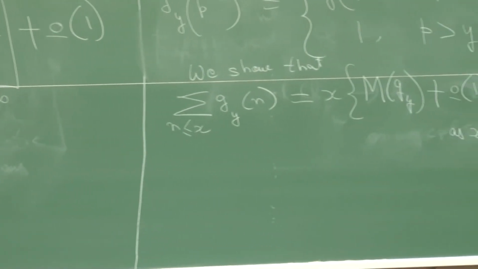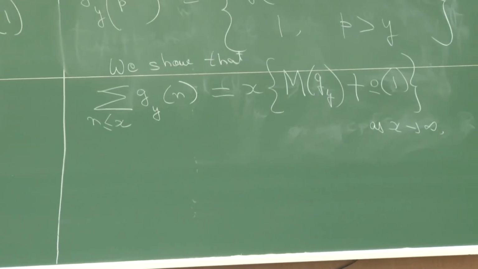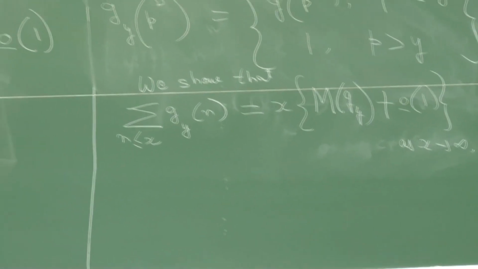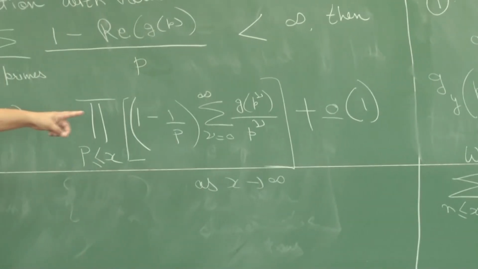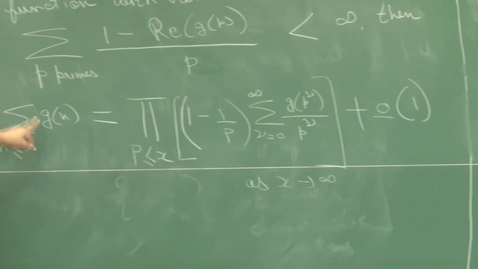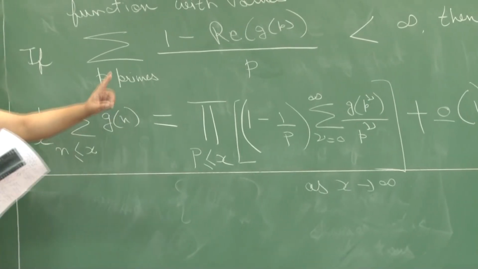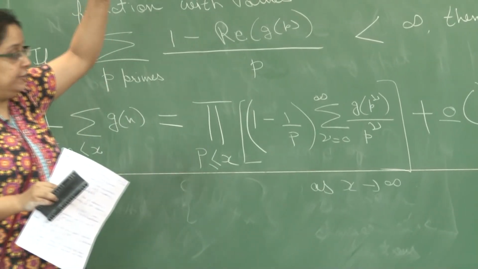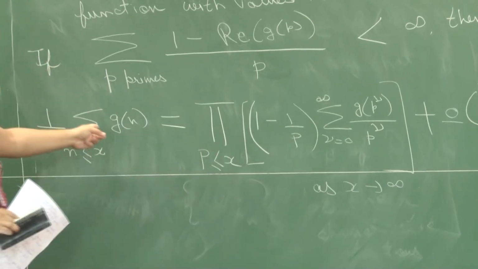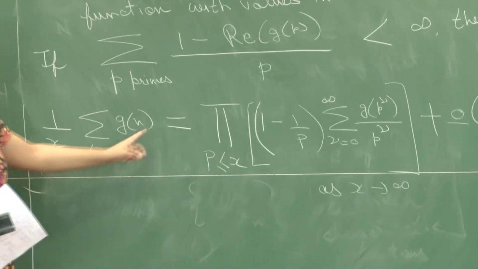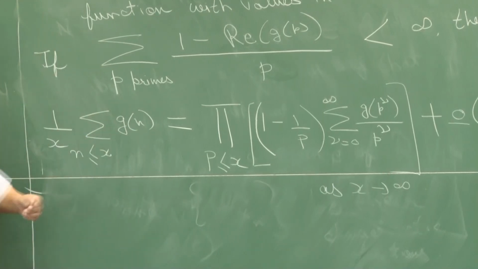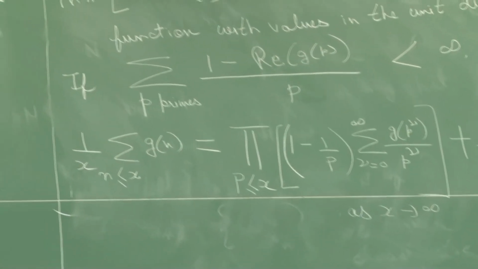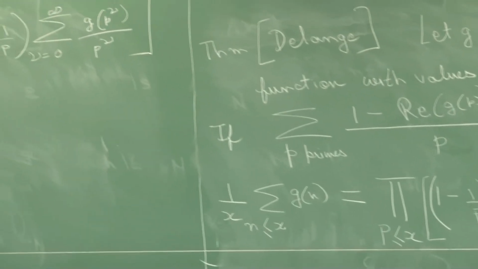So the mean value of g sub y is this function. Then we show that our g sub y's are actually good approximations to g, and therefore, as y goes to infinity, you end up getting the corresponding equality for your big function, the universal function g. Next, what we show is the following.